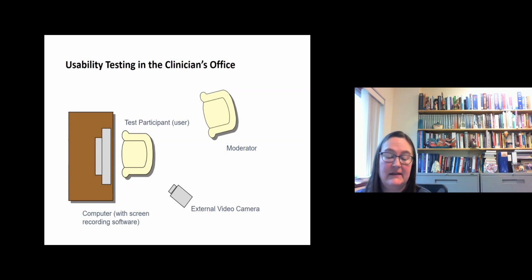So to give an example, if it's just going through, let's say, a mobile app, and an individual might be doing that by themselves, then you could recreate that. If it's a situation where you have a nurse or a physician that's interacting with equipment in addition to an electronic health record, you might want to have an external view.